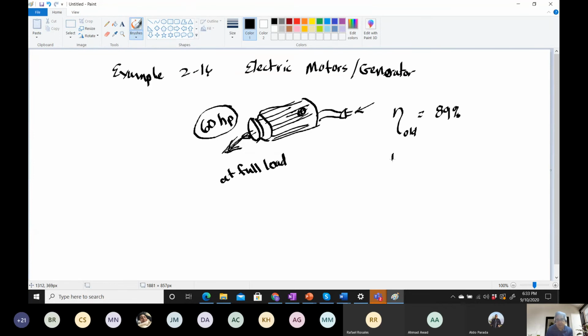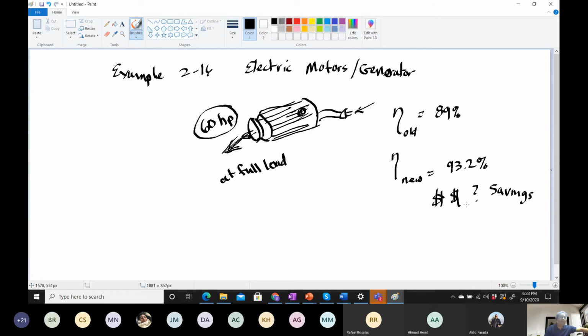Your company is looking at replacing it with a new one that is 93.2%, sorry. And they want to know how much money that is going to save the company. Savings. That's a very basic job.